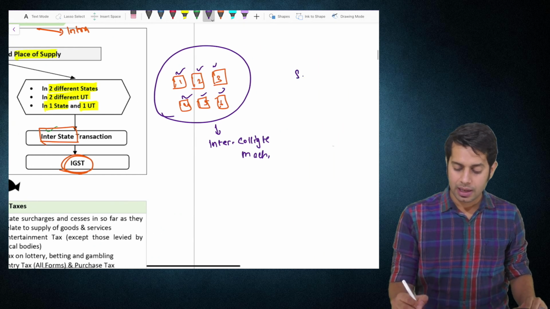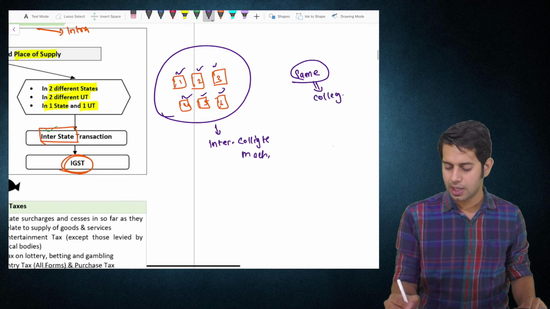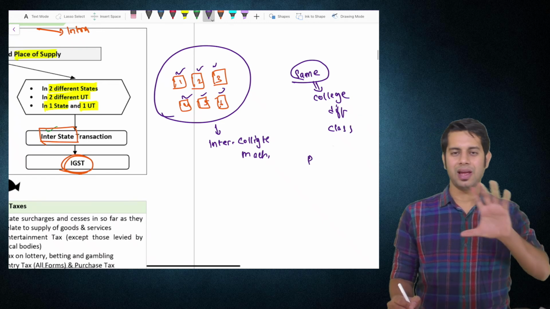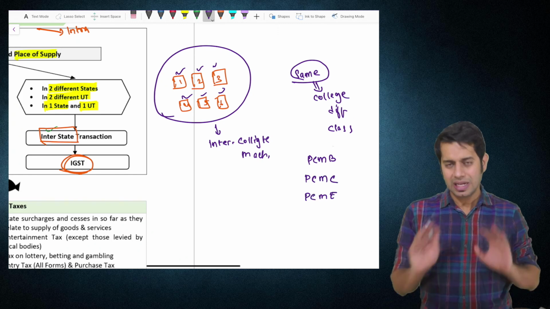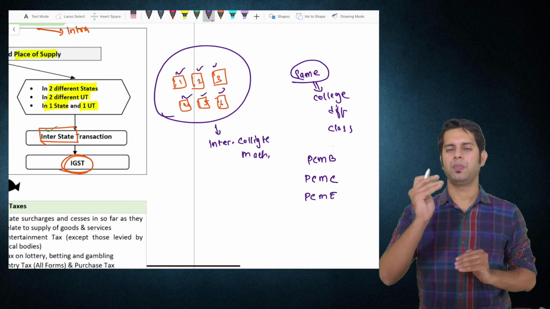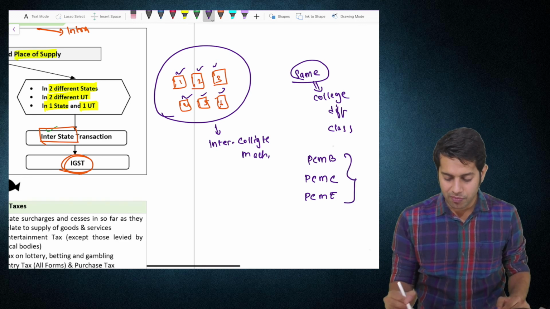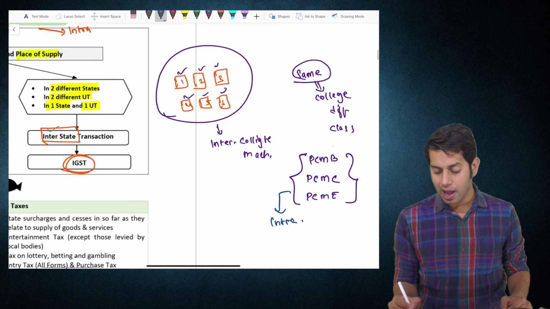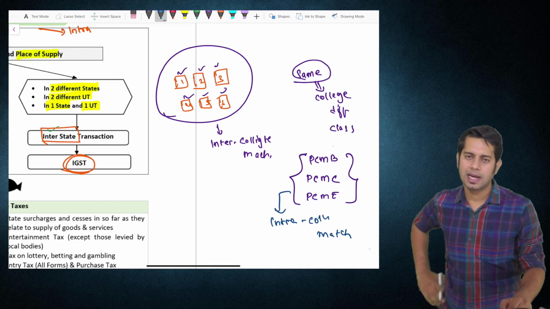If the match is happening in the same college but between different classes, for example, a college which has PCMB, PCMC, PCME, so in science they have biology separate, computer science separate, electronics separate, and the match is happening between them, these types of matches are called intracollegiate matches.